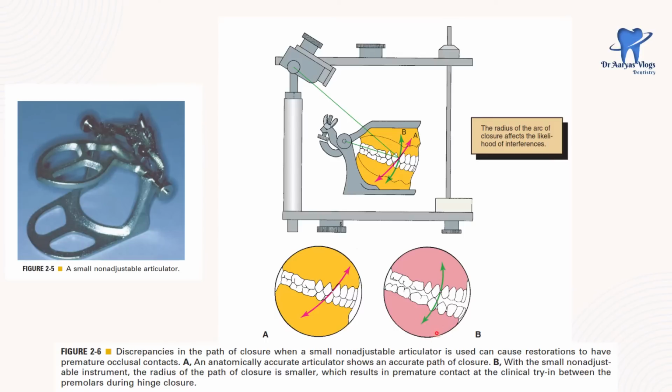This results in premature contact at clinical try-in between the premolars during hinge closure. This is the reason for the premature occlusal contacts: the arc of closure is smaller in the non-adjustable articulator.